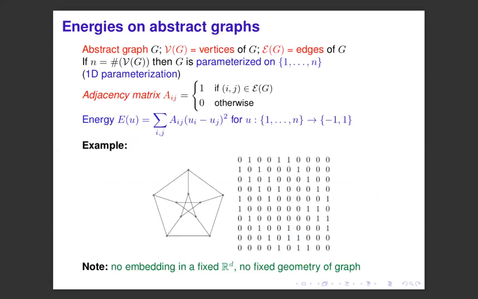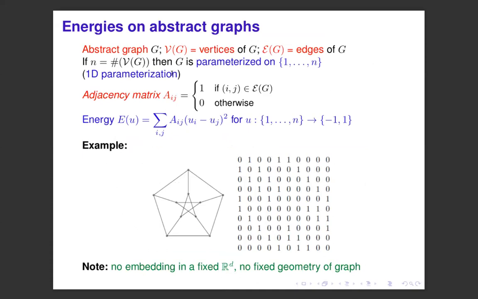the treatment of dense graphs. So we still have the same type of terminology. We have a graph, which is now an abstract graph. It's not embedded in any R^d, with vertices and edges.